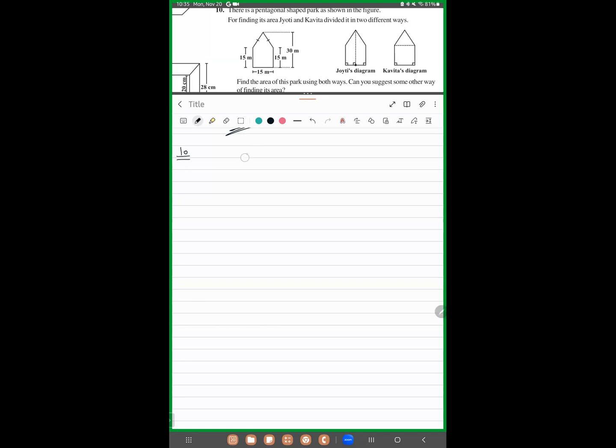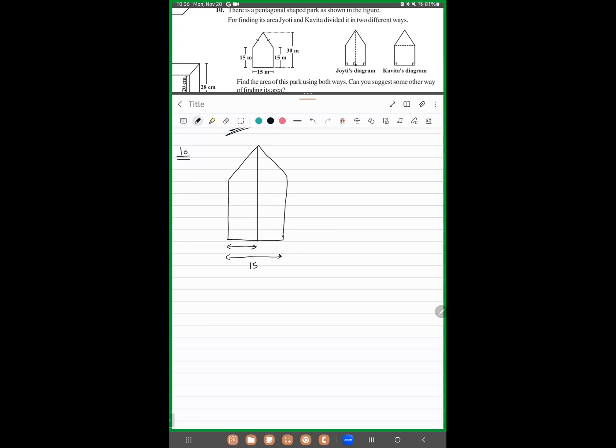What are the different measurements that we have over here? We are going to find the area of one trapezium and multiply that by 2. From here to here, it is given as 15. So from here to here, it's going to be half of 15, right?